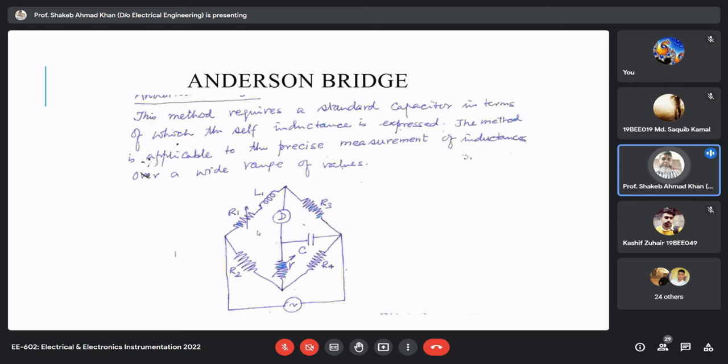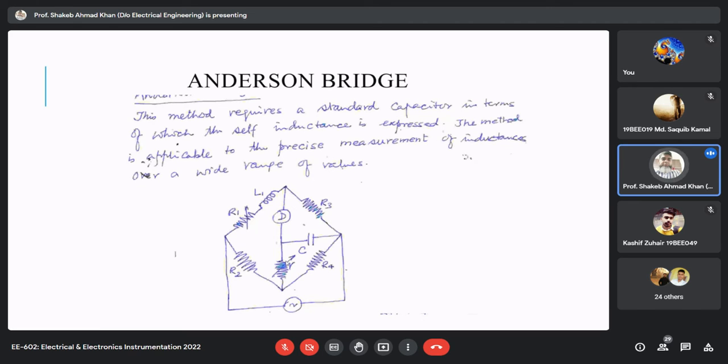If we are not taking inductance or capacitance as the variable component, then there is a problem of sliding balance if we choose any other component. But here you can see that we are using two variable resistances to balance the bridge. But this bridge is a little bit complex.